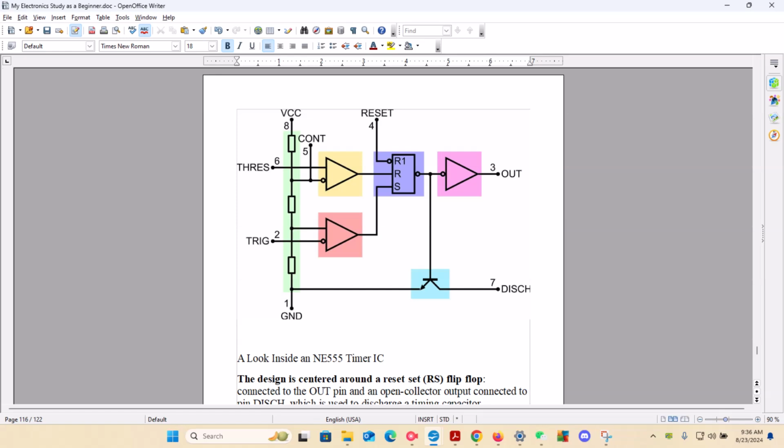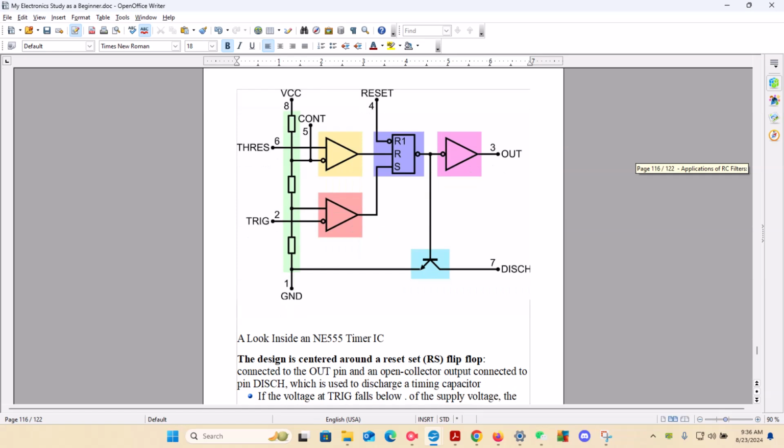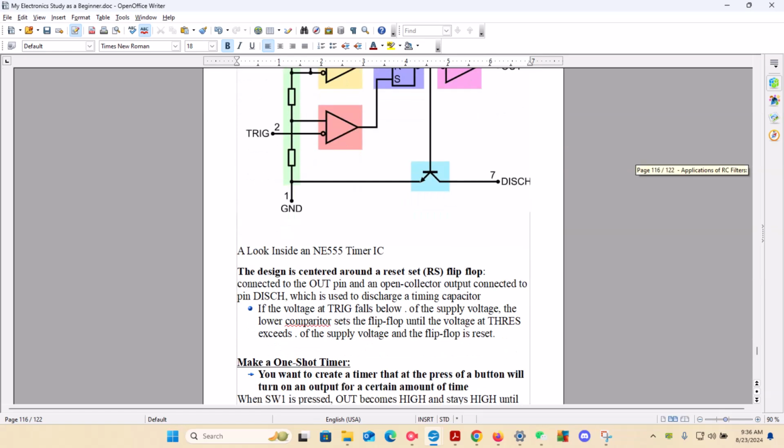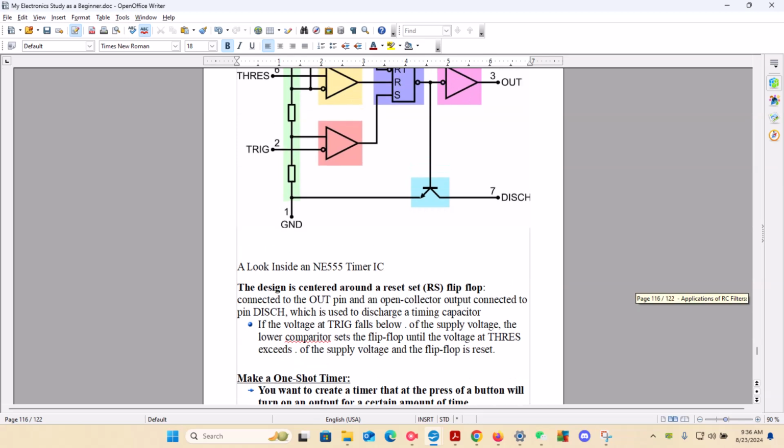So when you read it from left to right, you can see in which direction the current is flowing, which is used to discharge the timing capacitor. So you have the capacitor, the timing for it. Okay, the frequency compared to the capacitance, and then the rest of it leaves the capacitor at a certain rate, and it goes to the discharge.